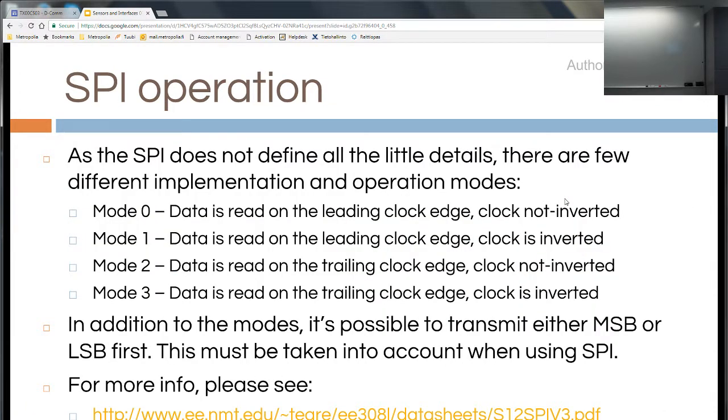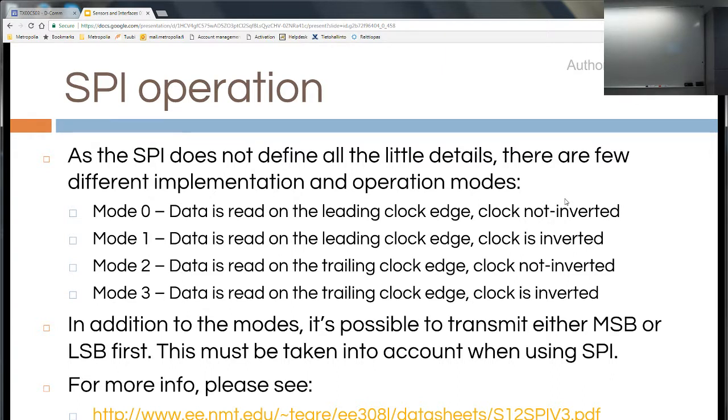The operation, those are the modes. Leading clock edge, clock non-inverted. Leading clock edge, clock is inverted. Trailing clock edge. So 4 different modes.